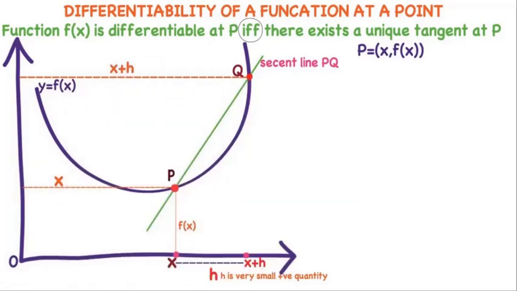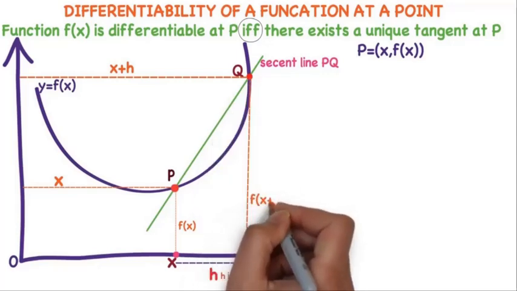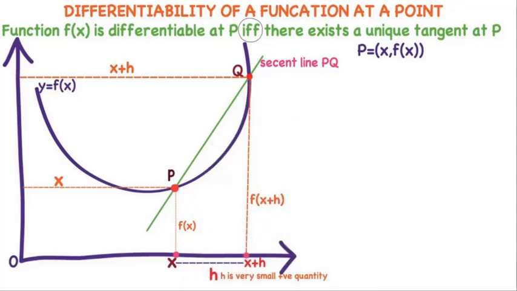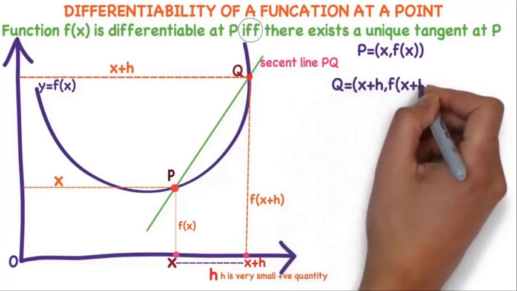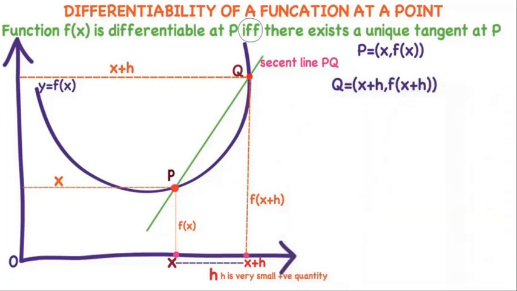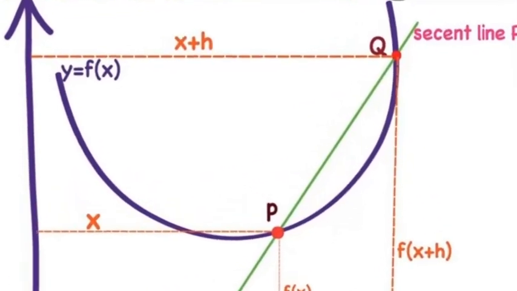So this length is x plus h. Now what is this length? This is the height of the curve, so this length is f of x plus h. So Q is x plus h comma f of x plus h.